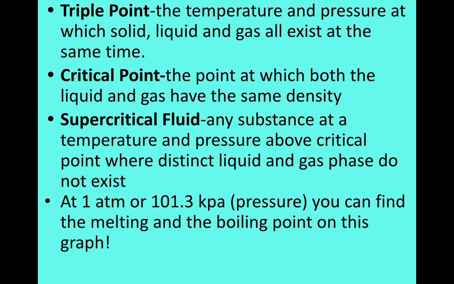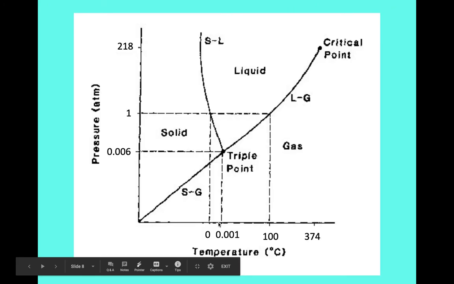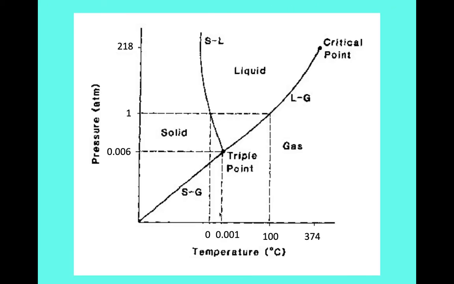Now, if you want to find the melting point and boiling point, but the graph is not labeled, you can do this by looking at 1 atm or 101.3 kilopascals of pressure. And melting point and boiling point are always at those specific pressures. So for example, if we wanted to find the melting point or boiling point here, we could go to 1, you draw a line across, and you drop it down.